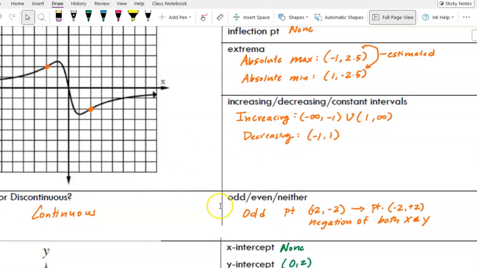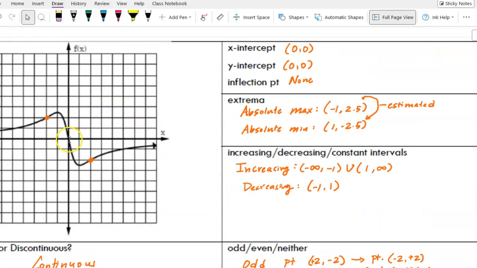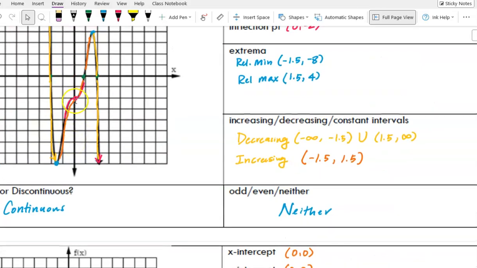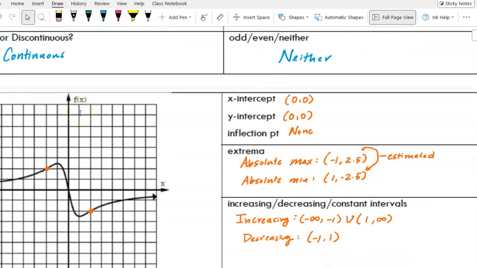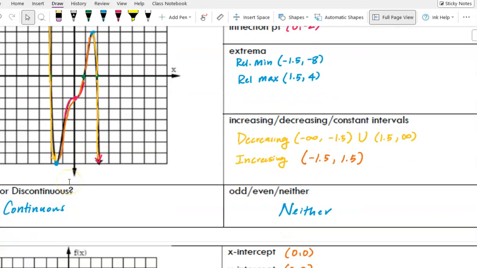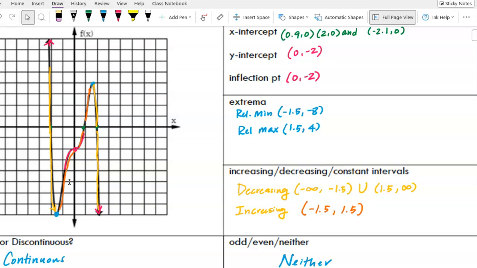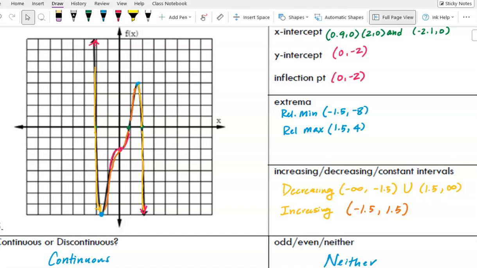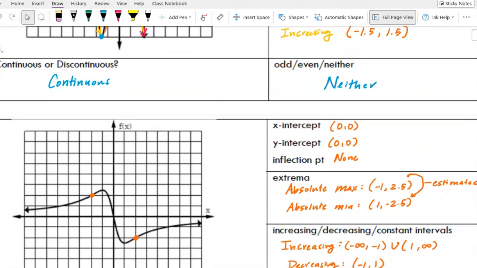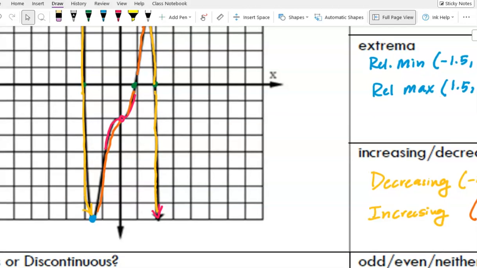If you look at this particular problem right here, first of all, this is not an inflection point. 0, 0 is not an inflection point, because an inflection point usually has a... because we don't know cubic functions, if you look at number 5 compared to number 6, number 6 just goes straight through. Number 5 does a wonk wonk. It looks like two parabolas.